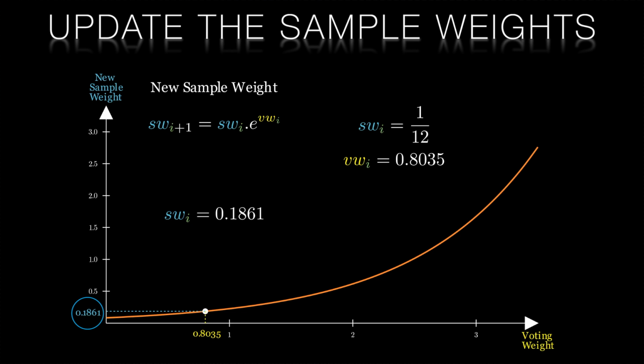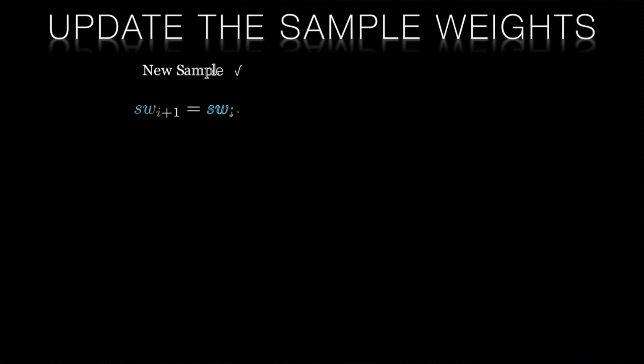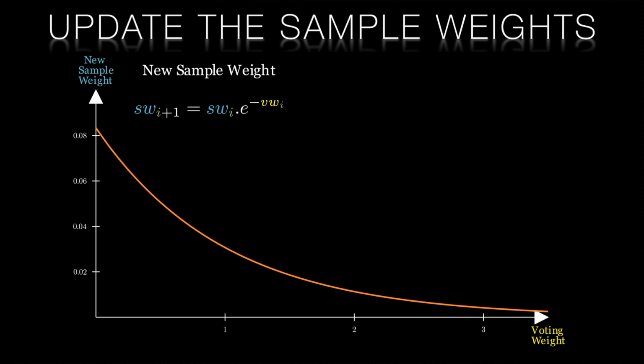0.1861. Now the flip side of this is that we need to decrease the sample weights where the classifier gave the correct answer. We do this in a kind of symmetric way with this formula. Note that the only difference is the sign of the exponent. This gives a different shaped curve with a higher voting weight associated with a lower new sample weight.